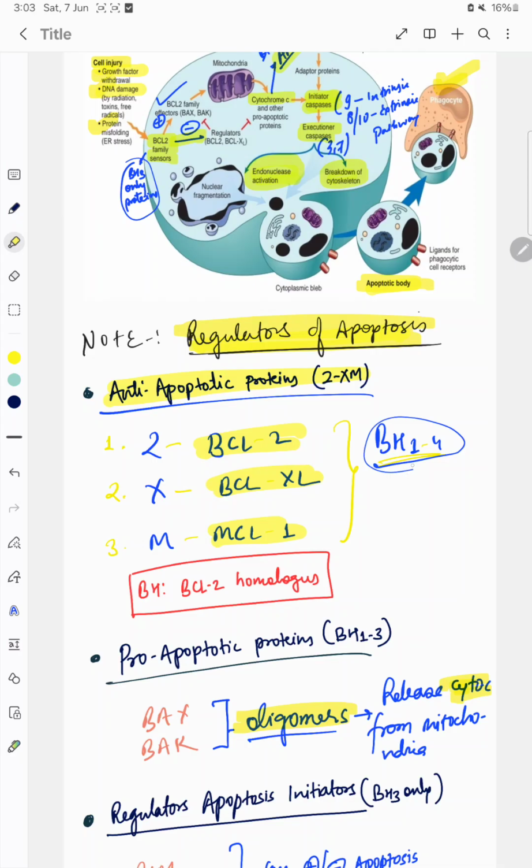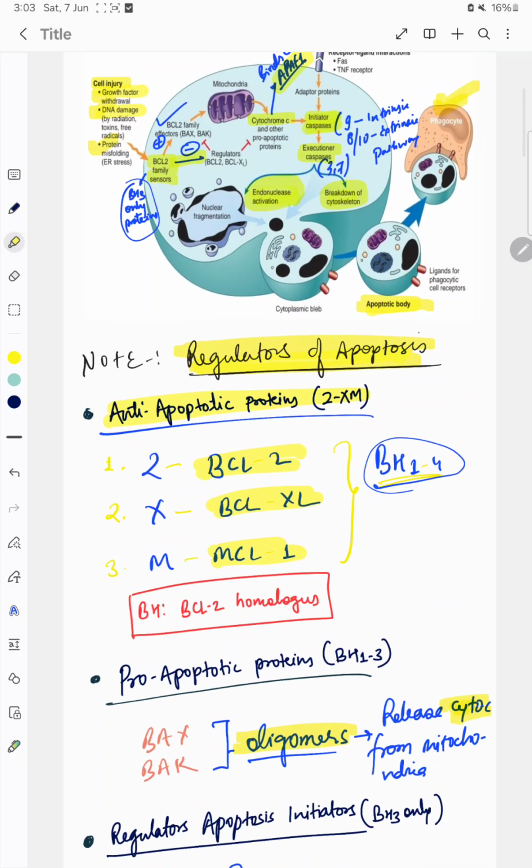They are part of the BH1-4 family, where BH stands for BCL2 homology. So in anti-apoptotic proteins there are three main proteins: BCL2, BCL-XL and MCL1. They inhibit apoptosis.